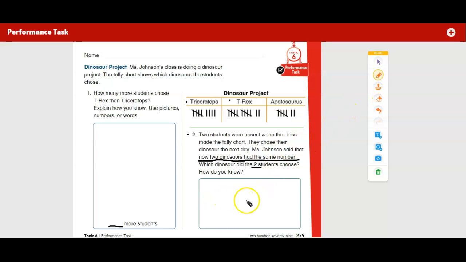Then you will write the name of the dinosaur that the 2 students chose. The names for the dinosaurs are located here at the top. Then you can write the equation you used or how you are able to know that was the answer in the space provided.